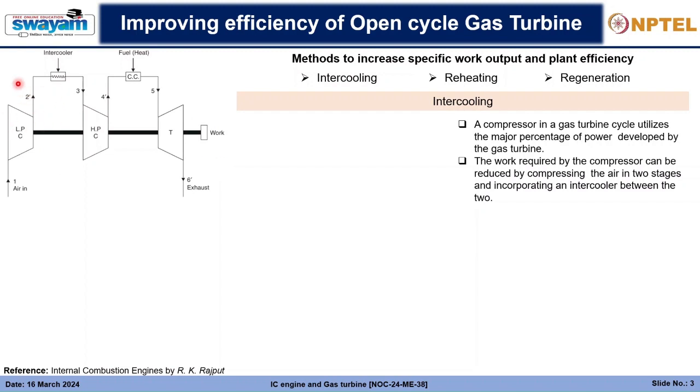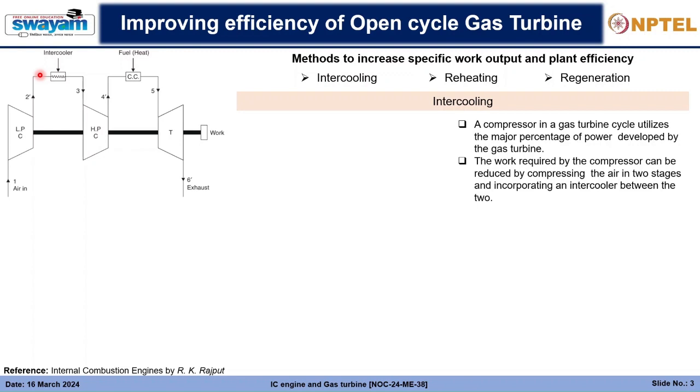In doing so, we can have two compressors rather than one compressor, and between the two compressors we will have a stage, that is the intercooler, which will cool down at a constant pressure the air which is coming out of the low pressure compressor.